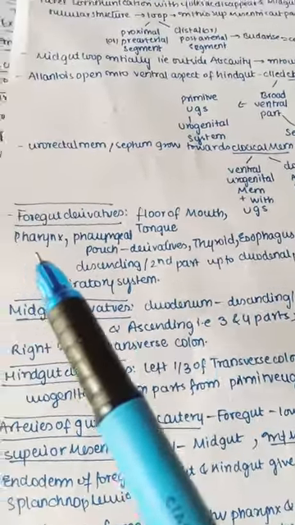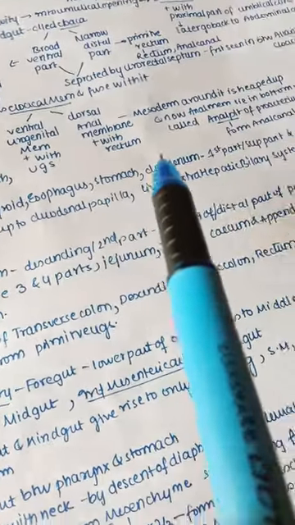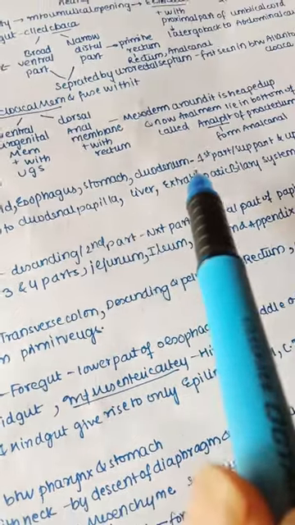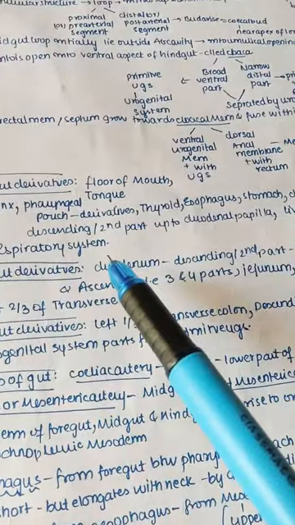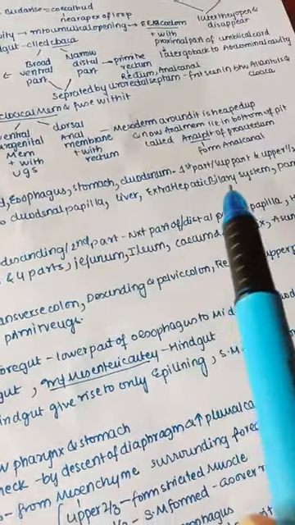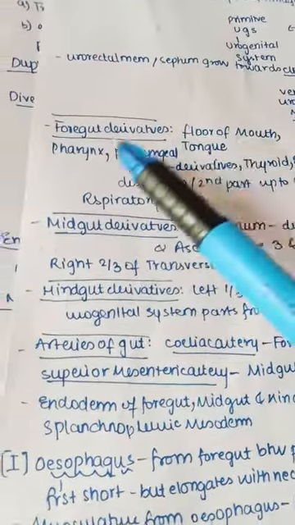So let us see them. Foregut derivatives, and also we have thyroid, esophagus, stomach, duodenum. Remember your stomach is from foregut, and duodenum first part, that is up to superior part, and also upper half of our descending second part up to duodenal papilla, and also liver, extrahepatic biliary system, pancreas, respiratory system. So all these are under our foregut derivatives.